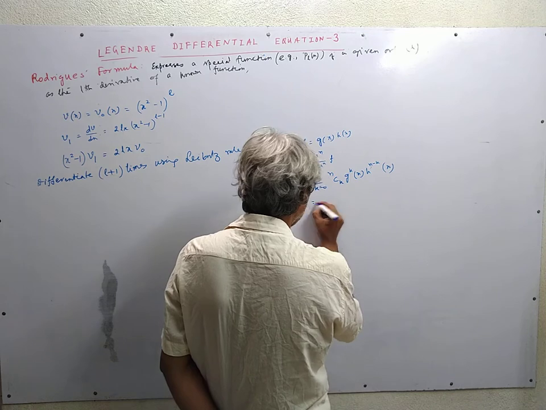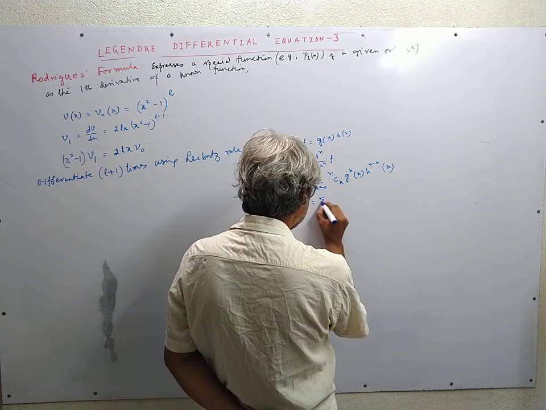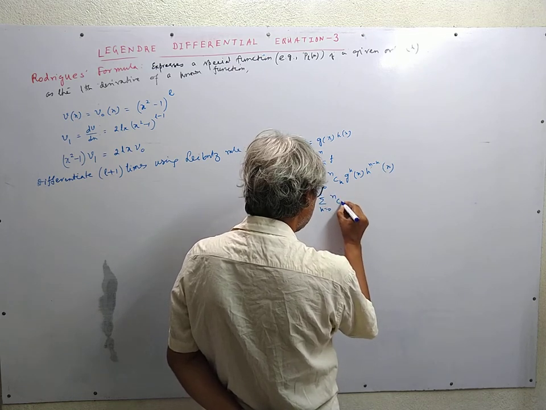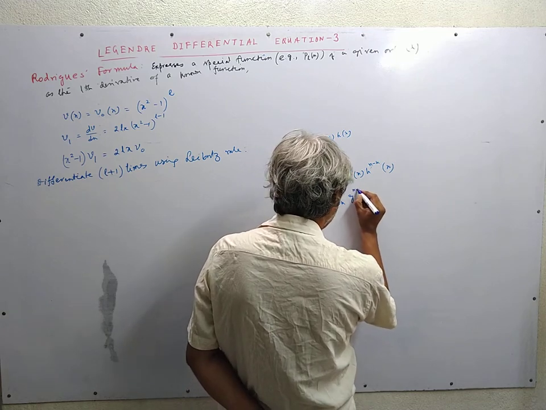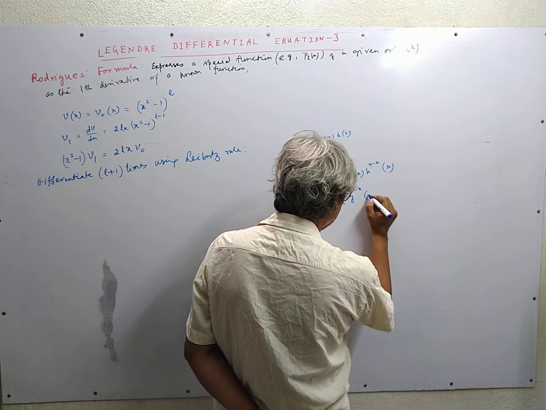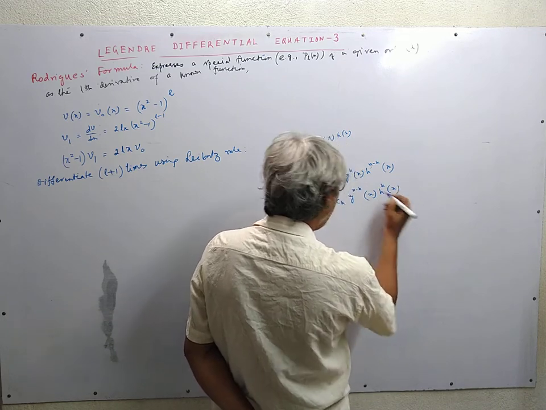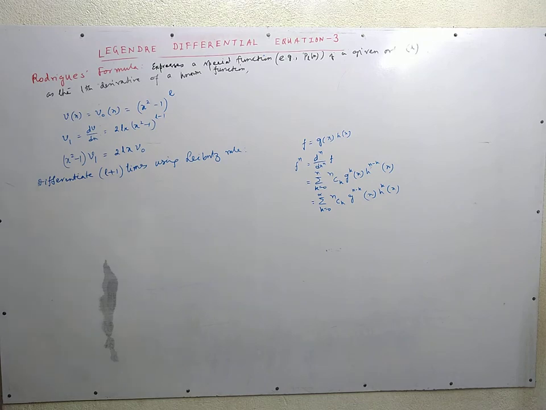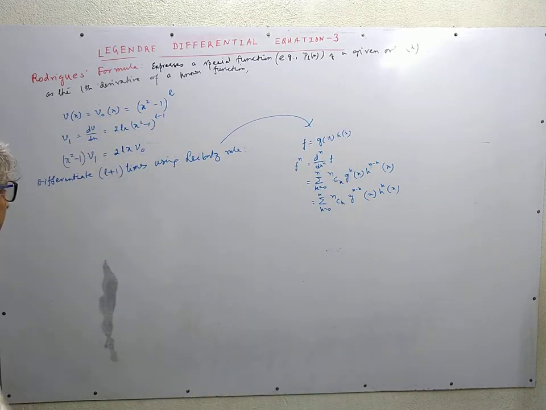The order may also be interchanged, so it can also be written as nCk, g to the power n minus k, this is the derivative, and h. This is Leibniz rule. I hope you are aware of it.